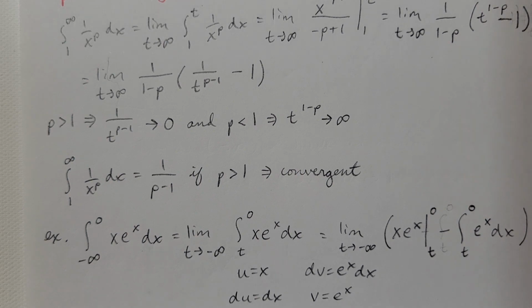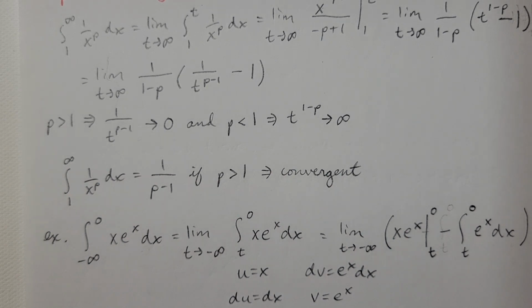Okay? Now, you're going to need to know this for when we get into chapter 11. In every single section in chapter 11, they're going to talk about convergent series and divergent series, which is very similar to what we're looking at here with convergent and divergent integrals. There are different tests that we're going to need to know.